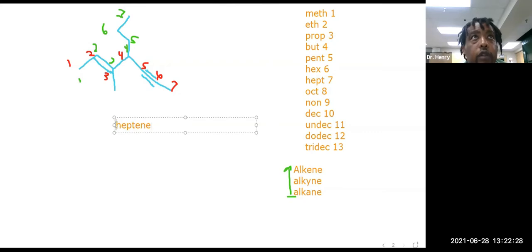Okay, we have to tell where that double bond is located. It's located at the 2. That's correct. So it's 2-heptene. That's going to be the last name, the very end of the name of the compound. So that's kind of like how we do our naming, right? It's always the male at the end because the male is more important, right?